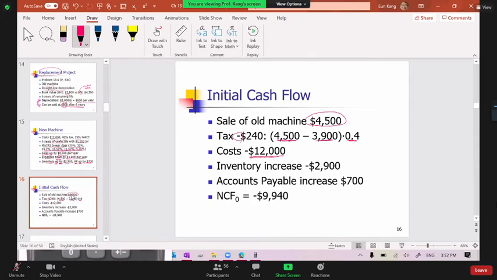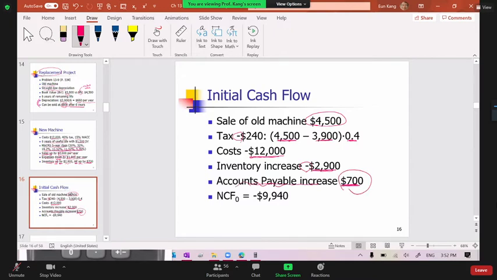Machine price. And again, inventory increase, so it's 2,900, right? Same, it's negative. But accounts payable increase is 700, right? Accounts payable increase means positive cash flow.